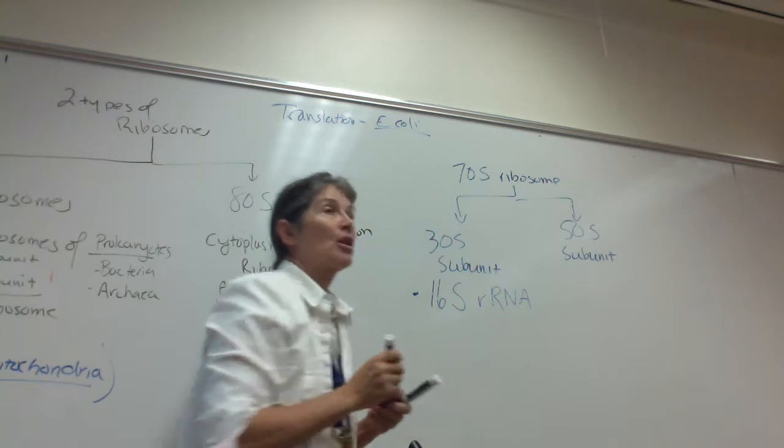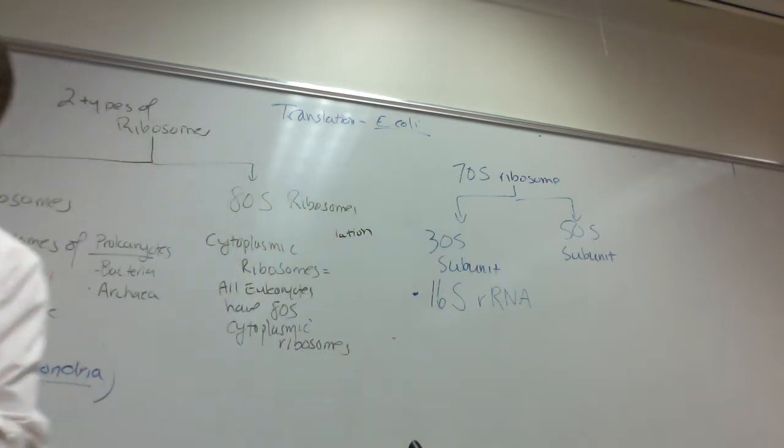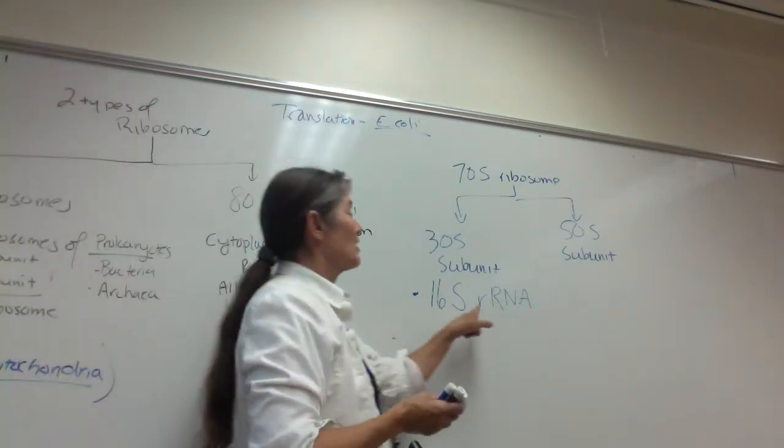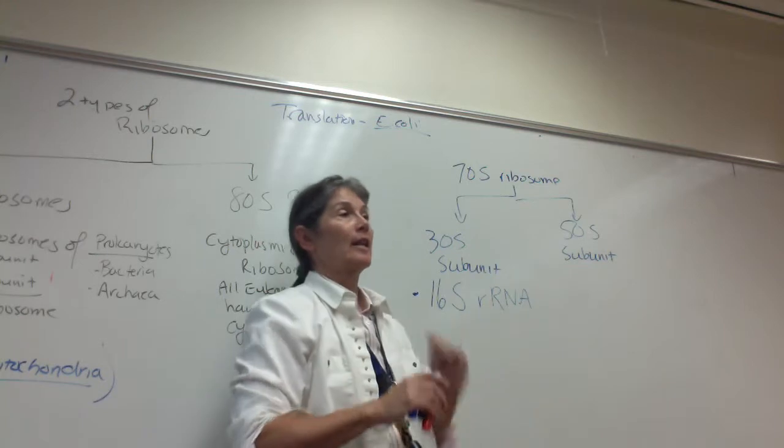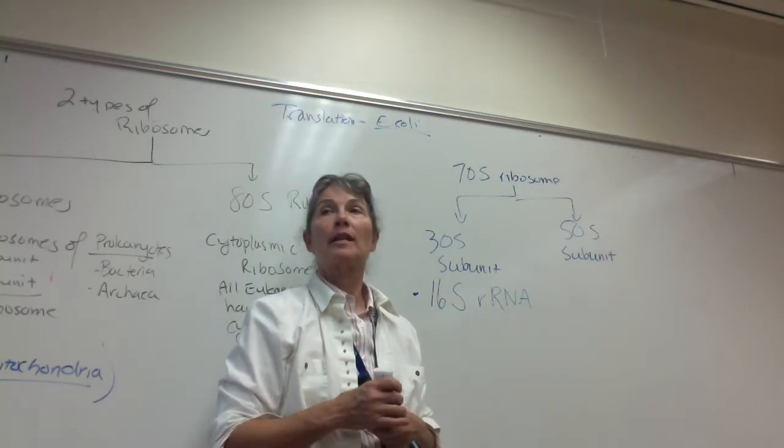And its job is to bind to, remember on the mRNA, we said there's a ribosomal binding site. That's the site that the ribosome binds to, and then it's going to start translation as soon as it hits the first AUG. It's the 16S ribosomal RNA that recognizes that ribosomal binding site on messenger RNA.